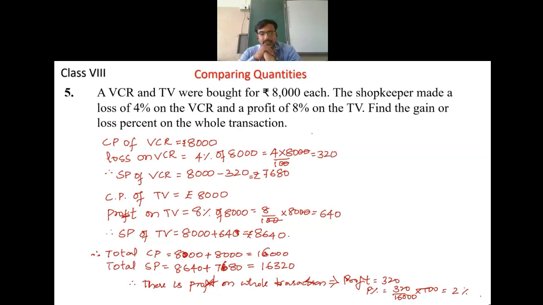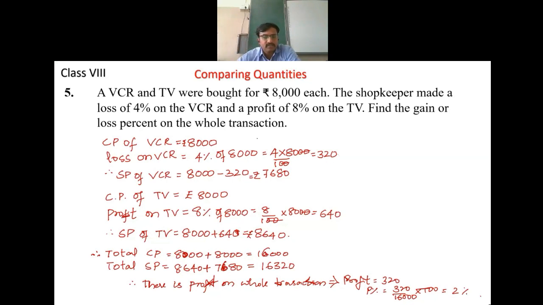We have that type of question also. We shall solve it. There is a question in your exercise where the same CP is given and both the profit and loss percentages are the same. On the whole transaction, there will be loss, not no loss, no gain. We shall see that.